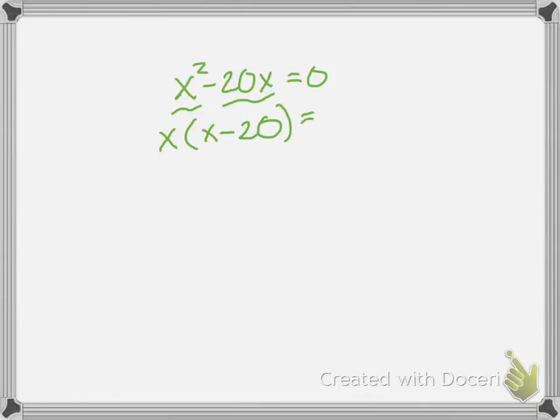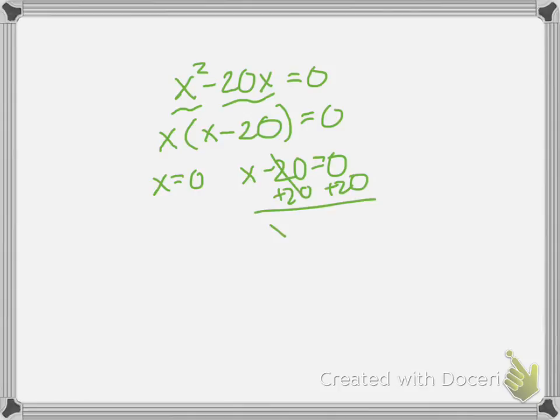Because I'm dividing both of those terms by x, now that I've gotten rid of the exponent of 2, I can set them each equal to 0 and solve them. So if I add 20 here, I get x equals 20. So my answers are 0 and 20.